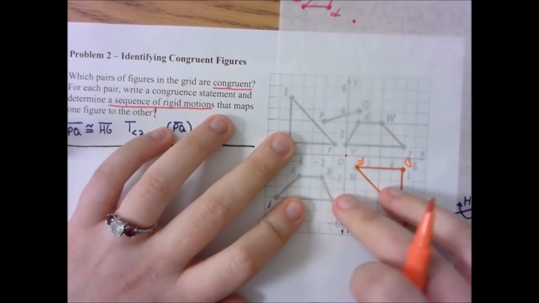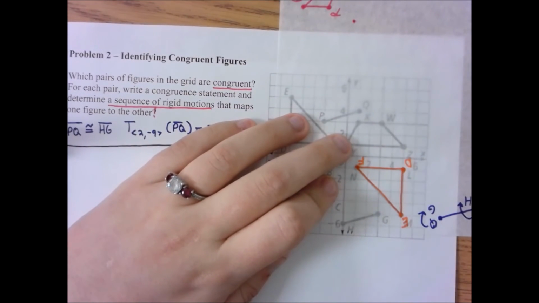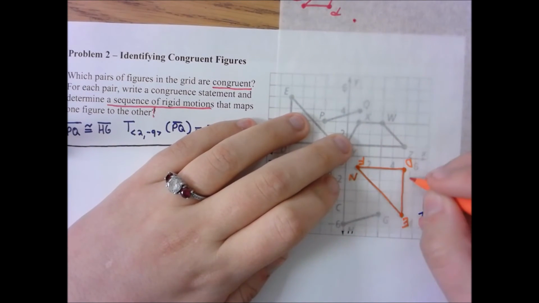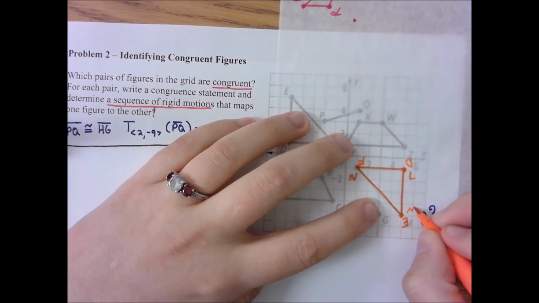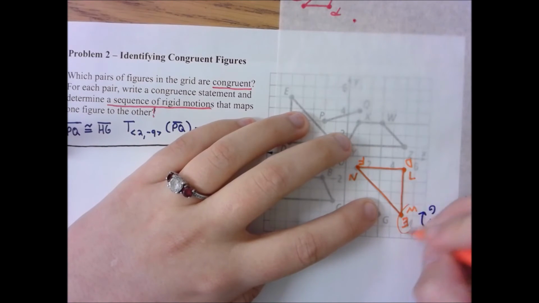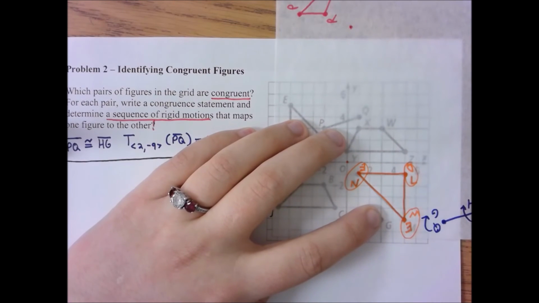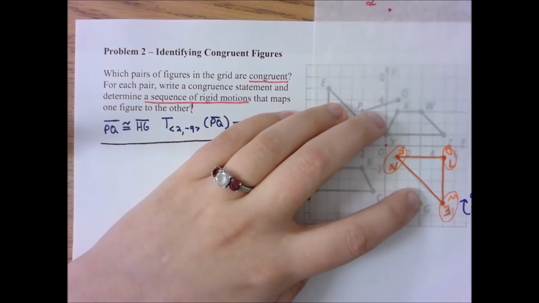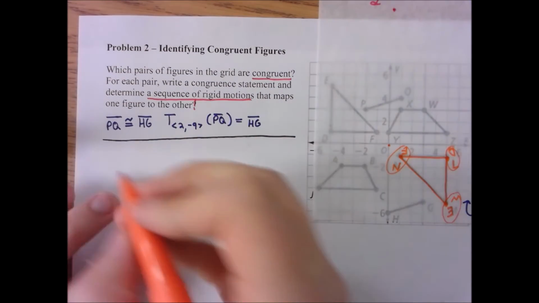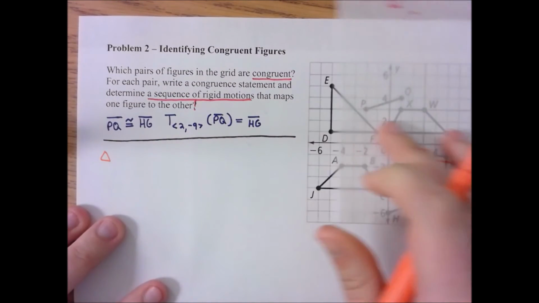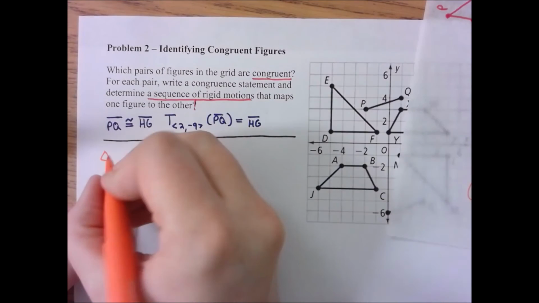So we know that those two triangles are congruent. So we have N here, L here, and M here. So we know that those are matching or corresponding vertices. So all we did was a rotation of 180 degrees. So I'm going to go ahead and write that triangle. What do we start with? Let's say DEF.